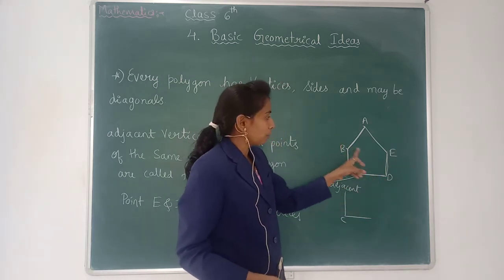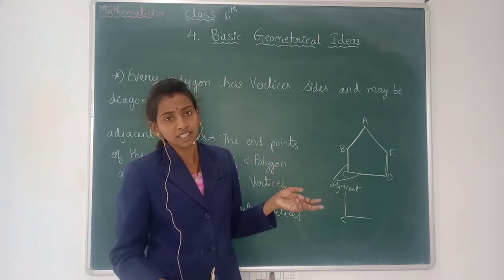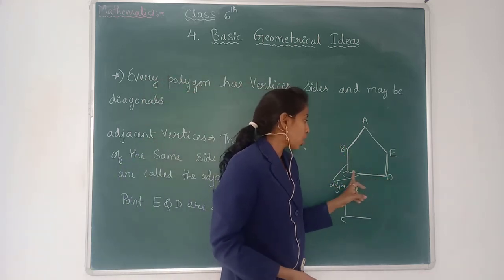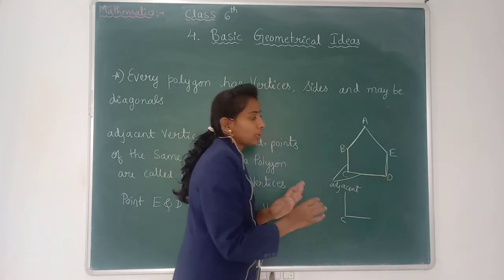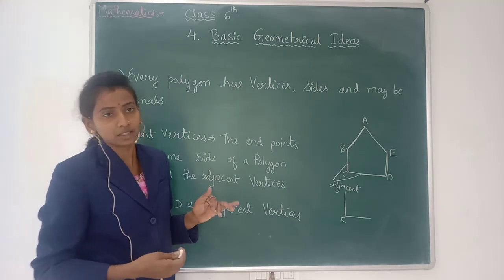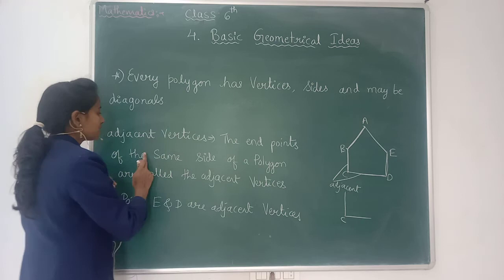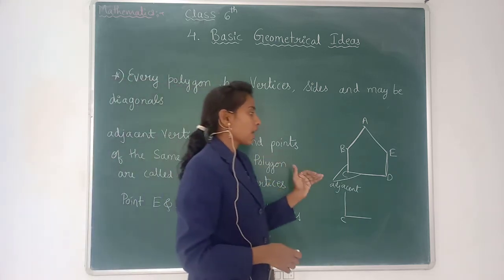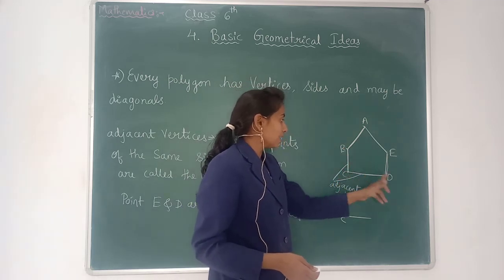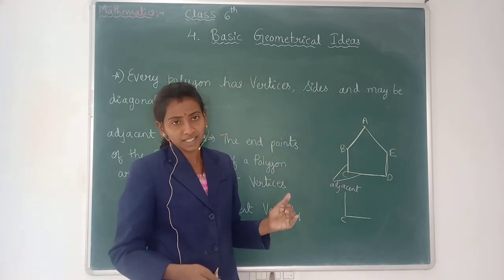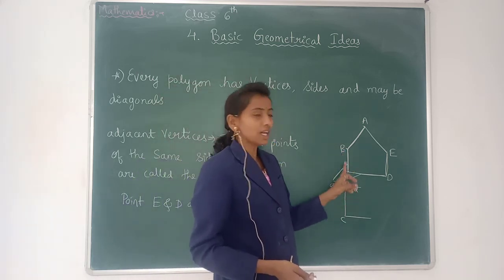B and D are not adjacent vertices because they don't have a common side. Here see, B and D we are not calling adjacent vertices. So they must be the end points of the same side. They must have the same side. Here BC and CD are different sides. We must have the same side, then we call them adjacent vertices.